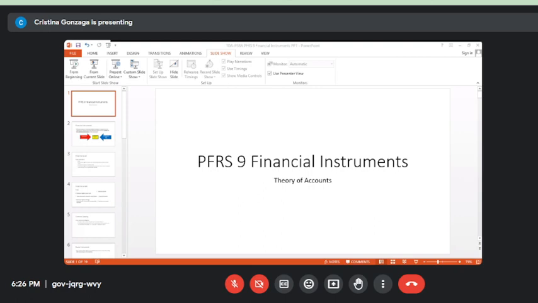You can buy from the stock market. And what about unlisted shares of stock? Are they equity instruments? The answer is yes. An equity instrument may be an ordinary share or a preference share, may be listed shares or unlisted shares. So those are equity instruments.